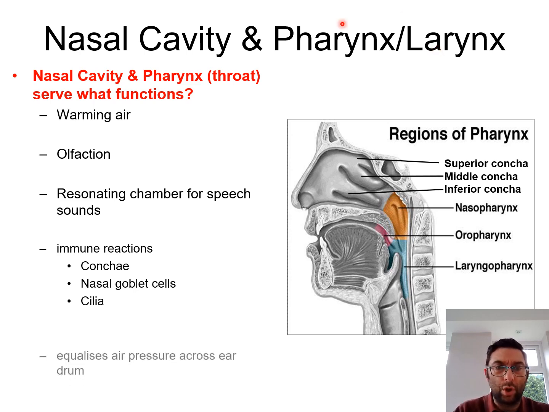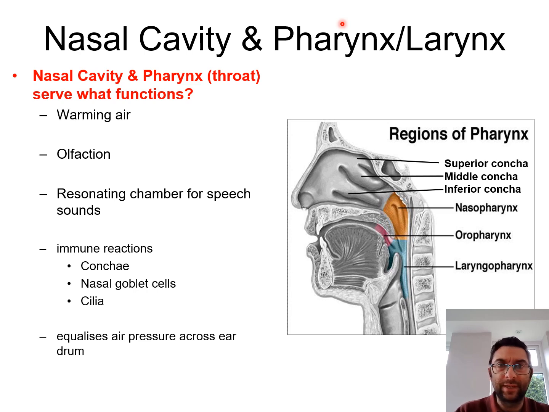Another function of the nasal cavity, pharynx and larynx is the equalization of air. In the middle ear, you have three small bones, and they're sensitive to pressure. The bones are the malleus, the incus, and the stapes, and they help to transmit sound into the middle ear.